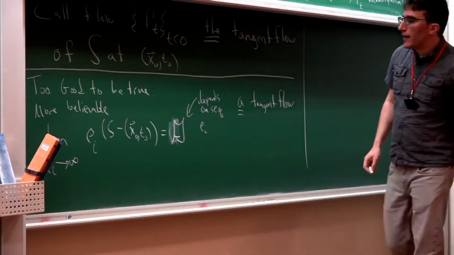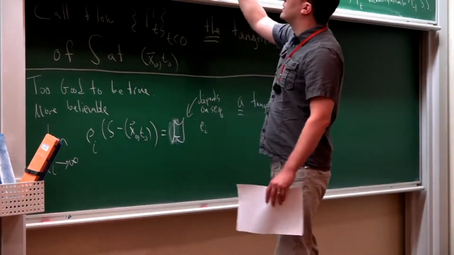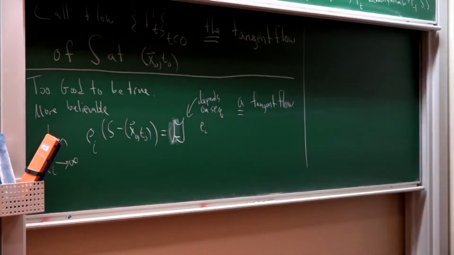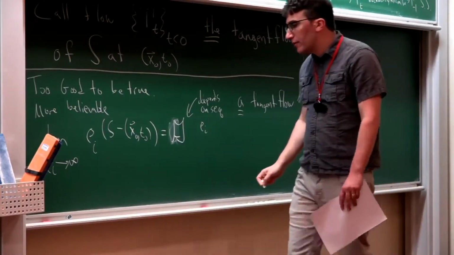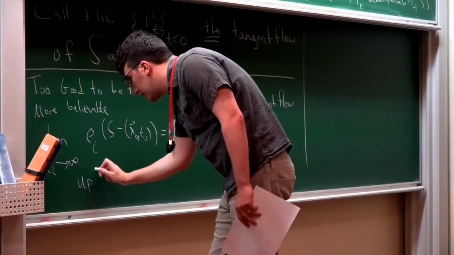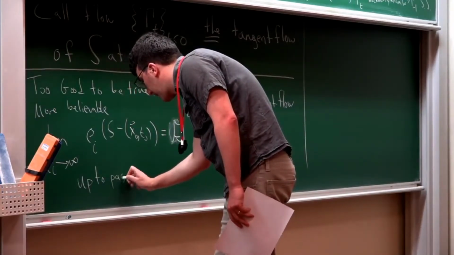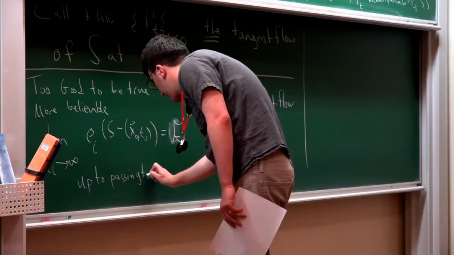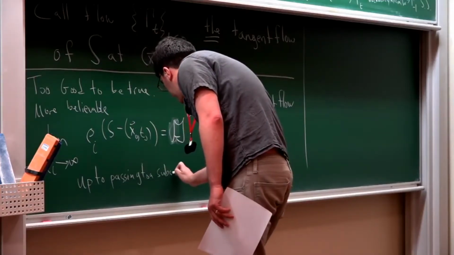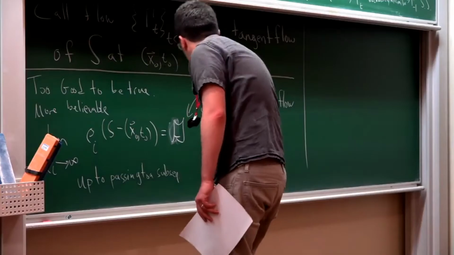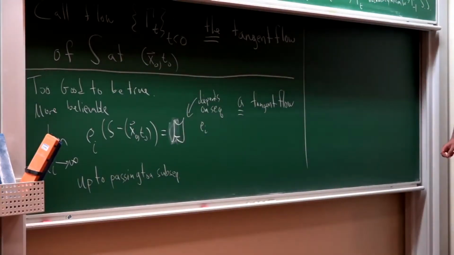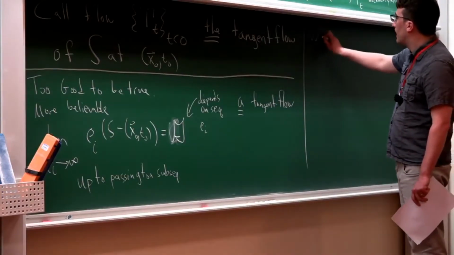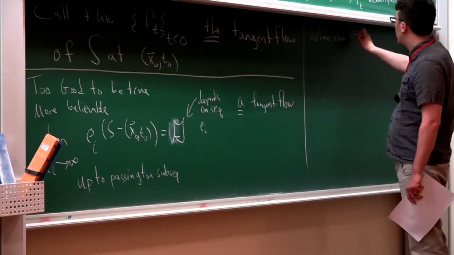Okay, so that being said, in what sense do I mean taking this limit? Right here I might say up to some sequence. So what allows me to pass to a subsequence?